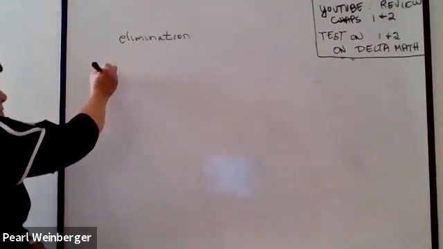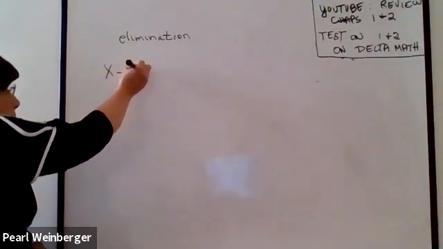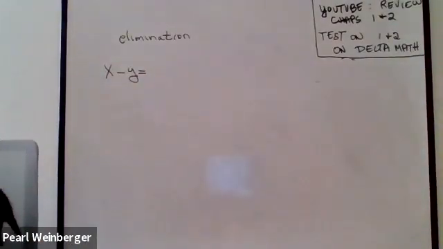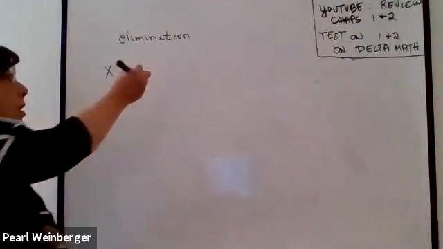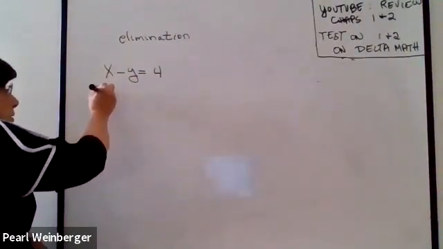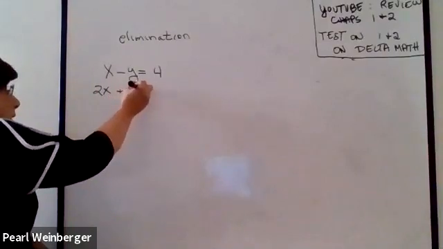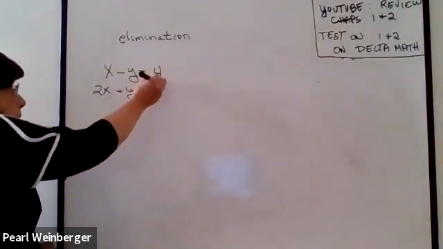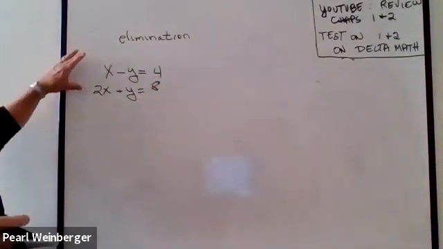The first equation is x minus y equals 4, and the second equation is 2x plus y equals 8.